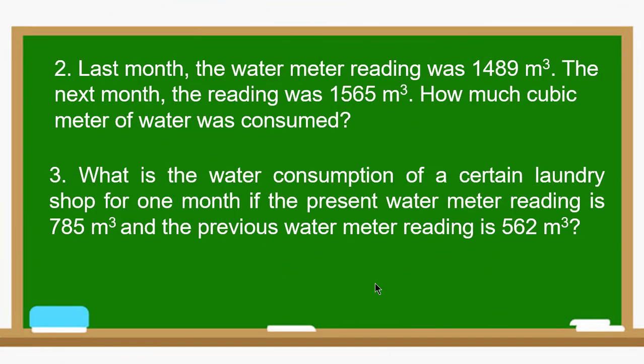Number 2. Last month, the water meter reading was 1,489 meter cube. The next month, the reading was 1,565 meter cube. How much cubic meter of water was consumed?